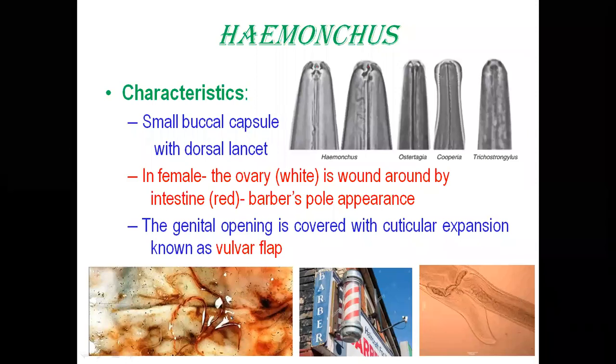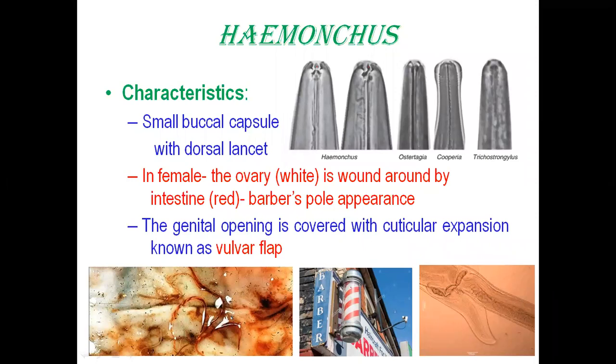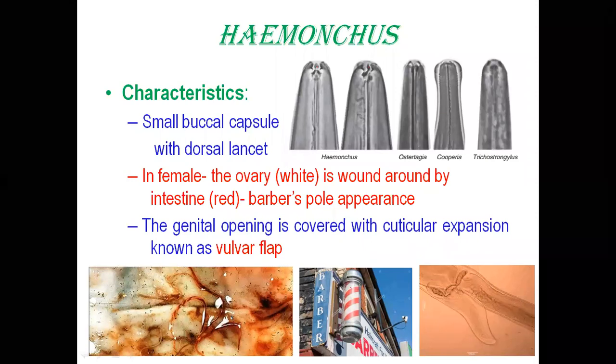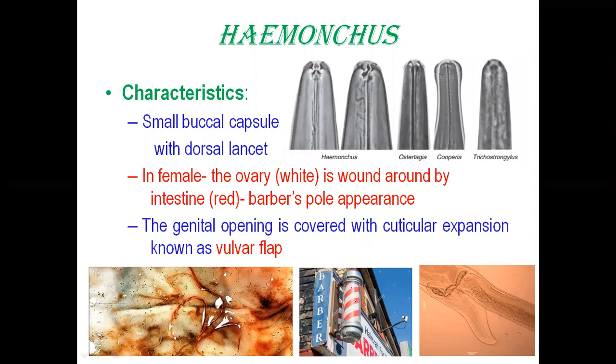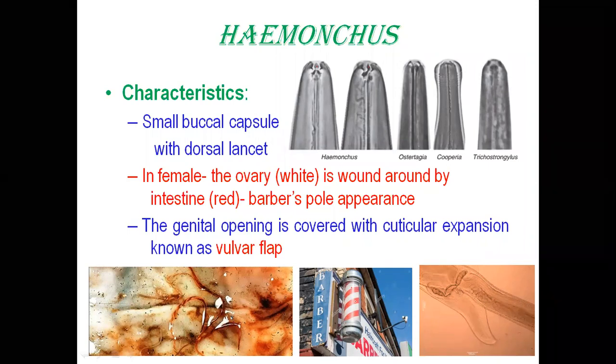Okay, so why is it barber pole worm? It is commonly known as barber pole worm because the white ovary is wound around by the intestine. As I told you, they have teeth, which means they are bloodsuckers.